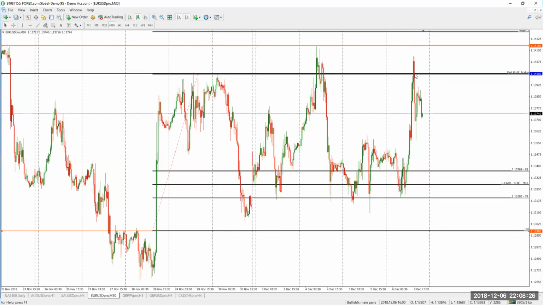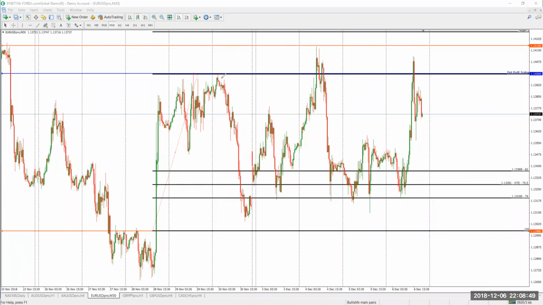Then we dropped down to a 1 hour chart where we further defined another resistance zone, which was the 1400 level. And then our entries, the 70.5 retracement level.